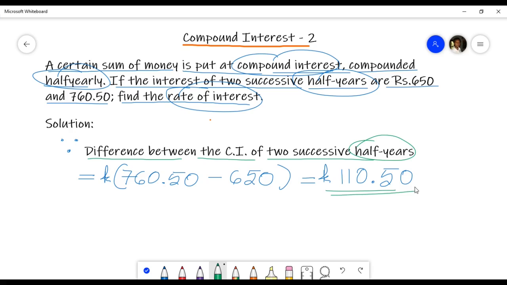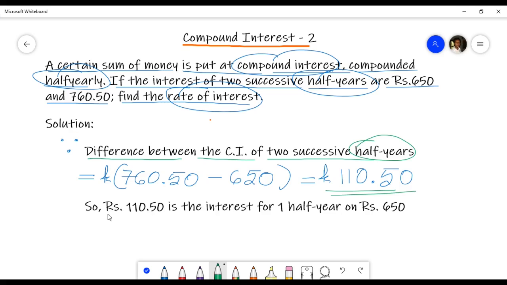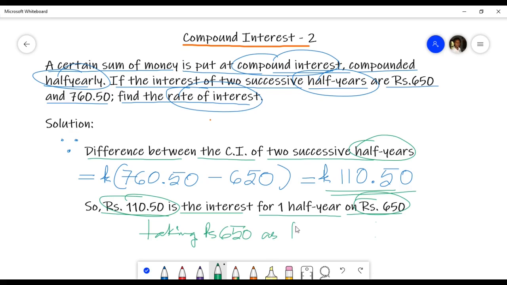Now let's see how we can solve it further. This rupees 110 and 50 paise is the interest for 1/2 year on rupees 650. Taking rupees 650 as the principal, we have the interest as rupees 110 and 50 paise.